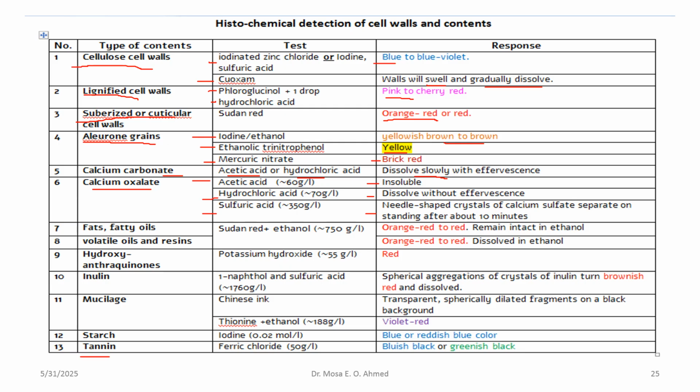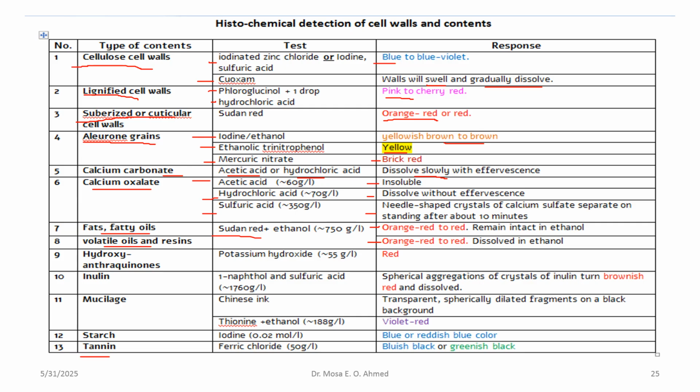Again, fatty acids and volatile oils can be stained or identified by Sudan III ethanol reagent, and both of them give an orange red to red color. Fixed oil, fatty acids and resins all give a red color.